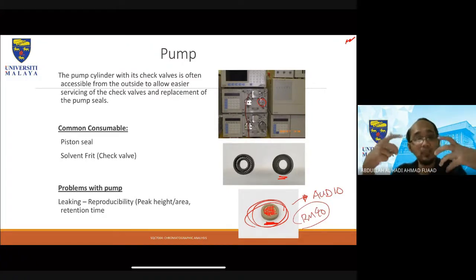But imagine if you have particles that cannot dissolve, they pass through your column, and again the particle size in your column is very, very small. Thus the void volume of your column itself is very small. Even if you have a small speck of dust going into your column, as it builds up, one day it will block your column and therefore you cannot use it anymore. Okay, and column is very expensive.